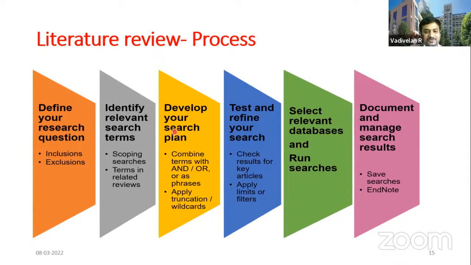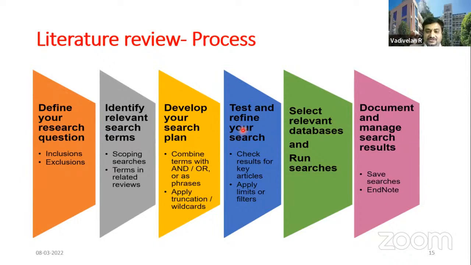And then develop your research plan. Next thing is, try to combine the terms with and, or as phrases. And sometimes they say apply a truncation or wild cards also to collect the information. So you'll see what truncation and wild cards are.